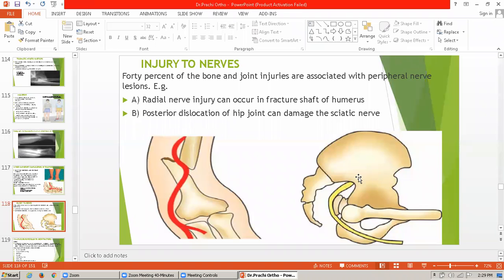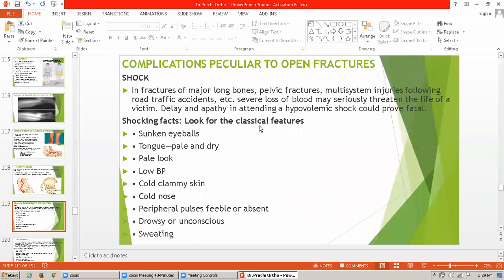In diagram B, a posterior dislocation of the hip joint can damage the sciatic nerve. So when there is a posterior dislocation of the hip joint, it leads to sciatic nerve damage. So 40% of bone and joint injuries are associated with peripheral nerve lesions.